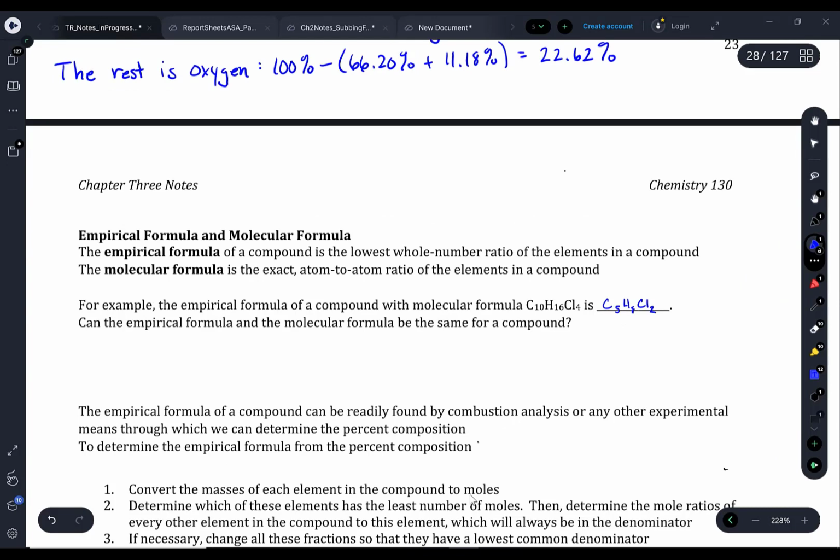Can the empirical and the molecular formula be the same for a compound? Well, let's take a look at a compound. So, for example, here is the Lewis structure of formaldehyde. And if I look at that, what is its molecular formula? Starting with carbon.